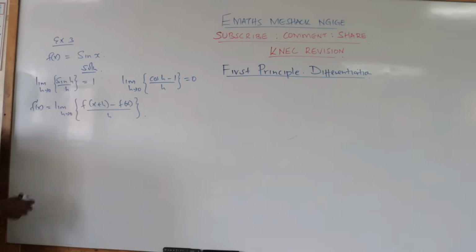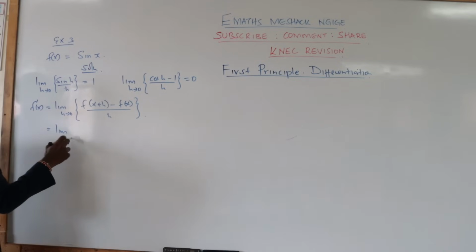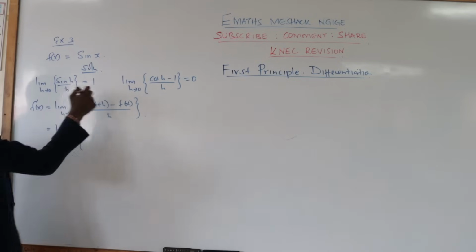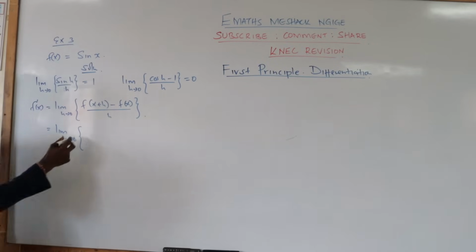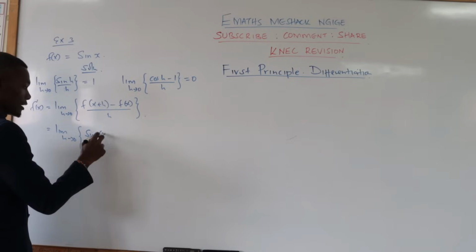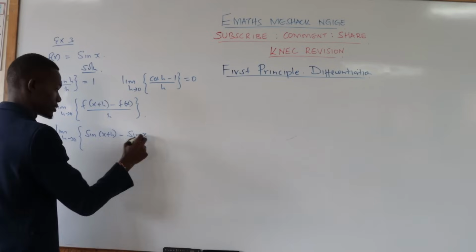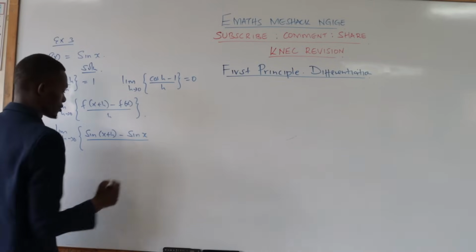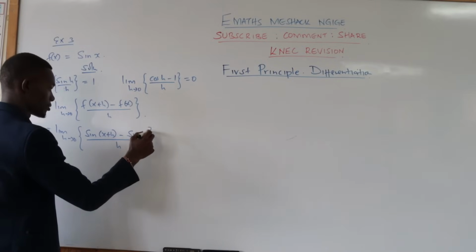Now replacing our values, the function is sine of x, so when we have an x, we add h. So we have sine of (x plus h), then subtract the original function, which is sine of x, then divide by h.